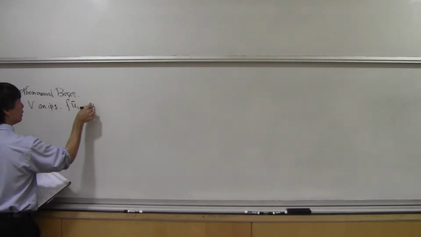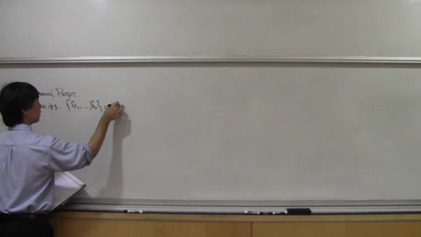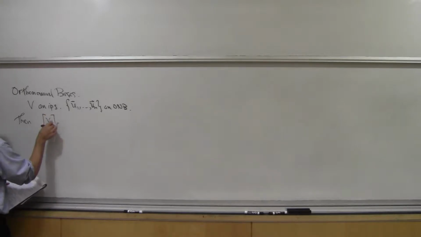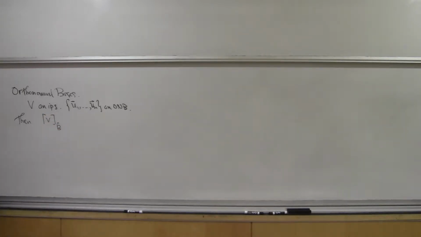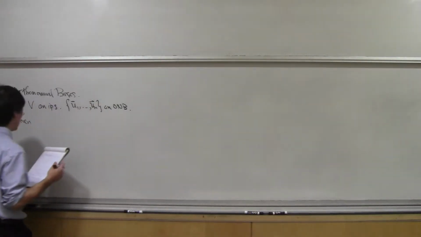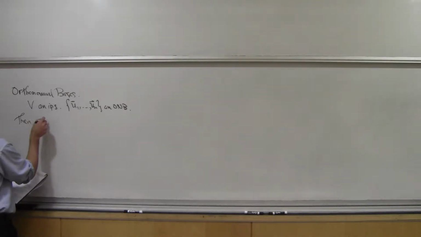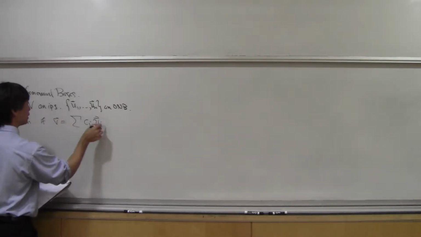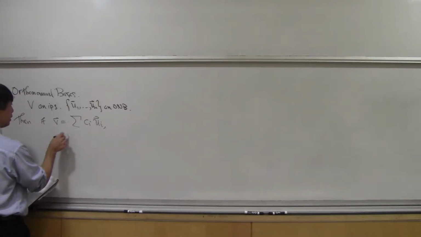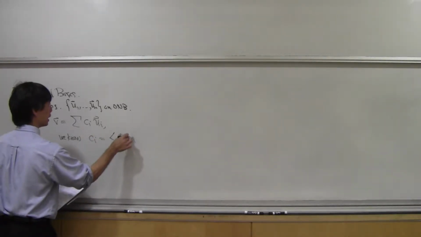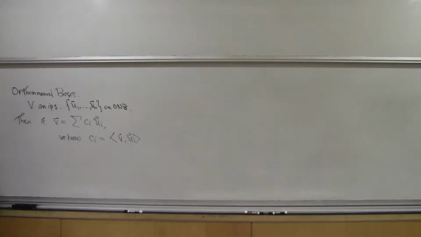and U1 through UN an orthonormal basis, then the coordinate vector, and if V is the summation of Ci Ui, we know that the Ci are just the inner product of V against Ui, right?